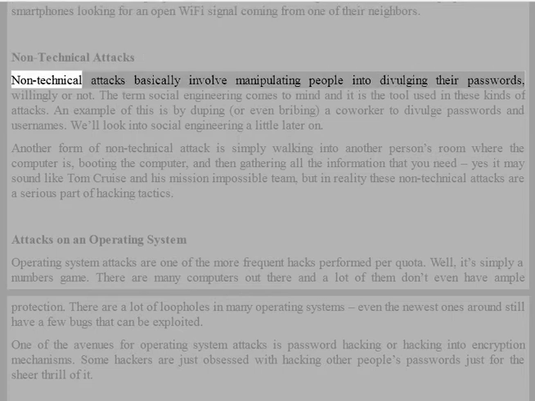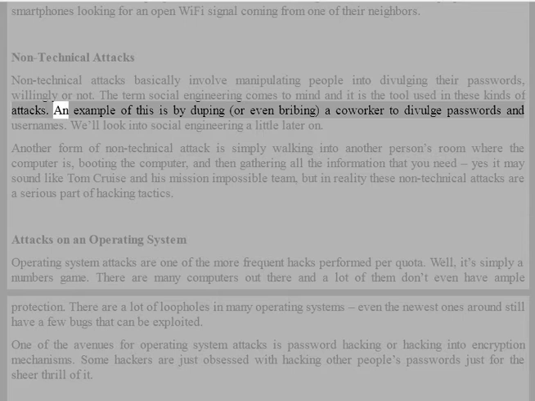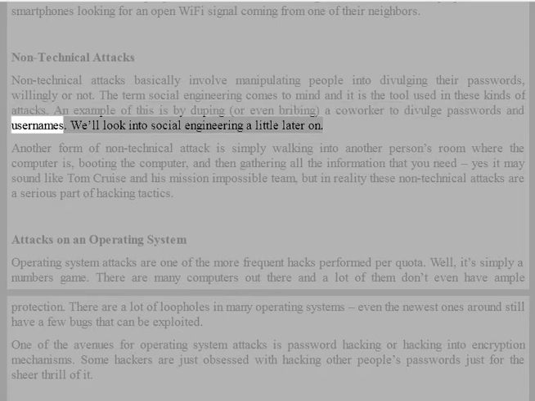Non-technical attacks basically involve manipulating people into divulging their passwords, willingly or not. The term social engineering comes to mind, and it is the tool used in these kinds of attacks. An example of this is duping, or even bribing, a coworker to divulge passwords and usernames.